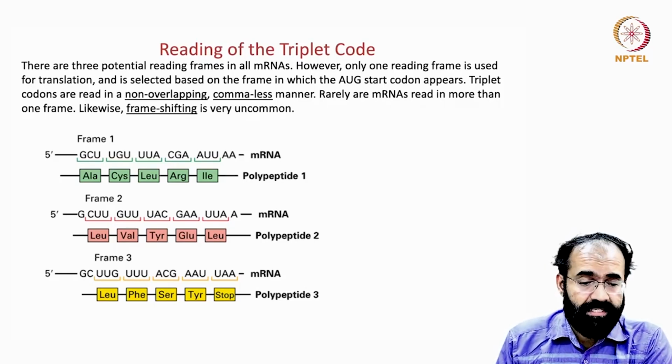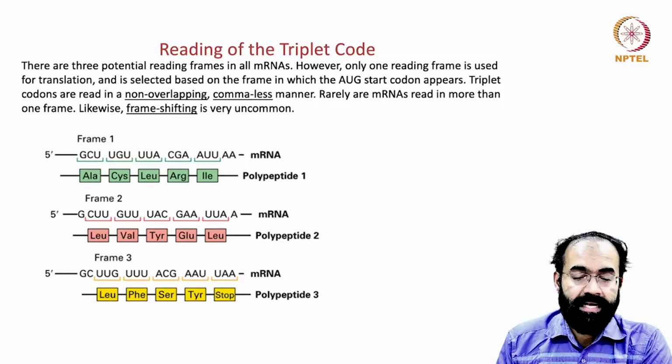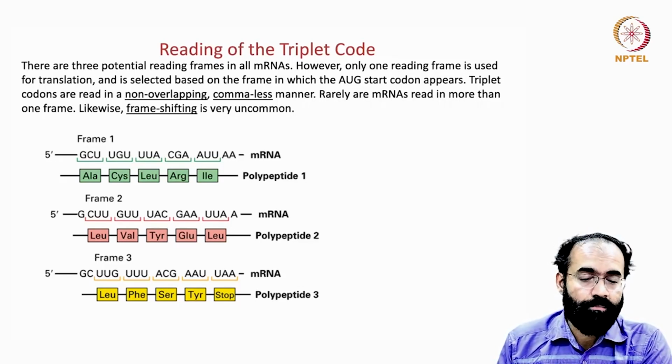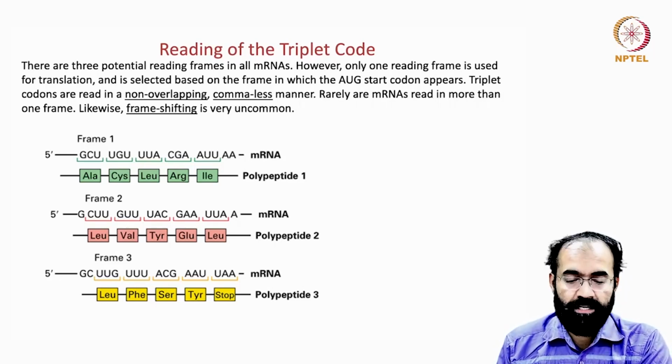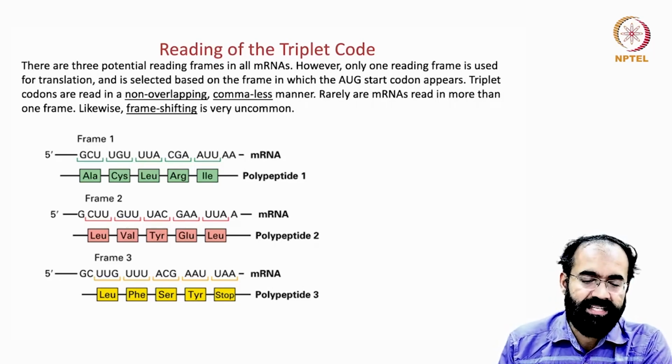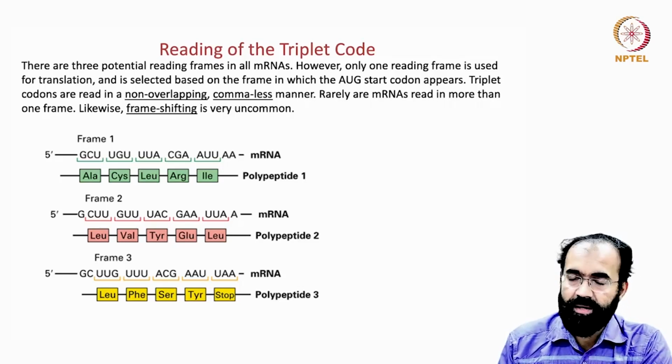So the triplet codons are read in a non-overlapping, or comma-less, manner. Rarely are there mRNAs that are read in more than one frame. Likewise, frame shifting is very uncommon. For example, you can see here frame 1, frame 2 and frame 3 are mentioned.